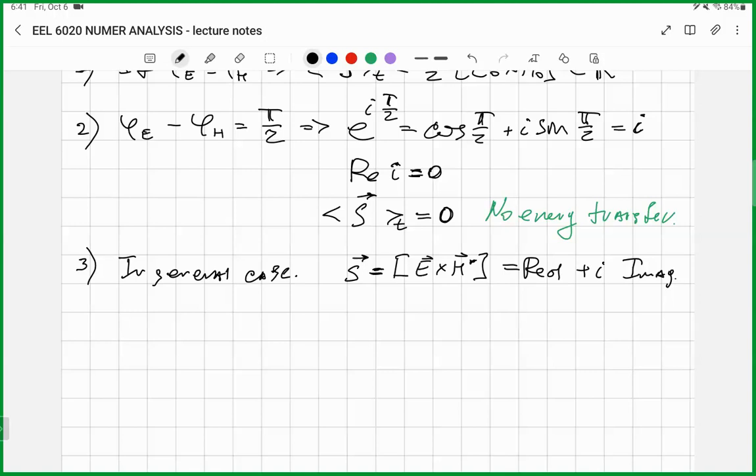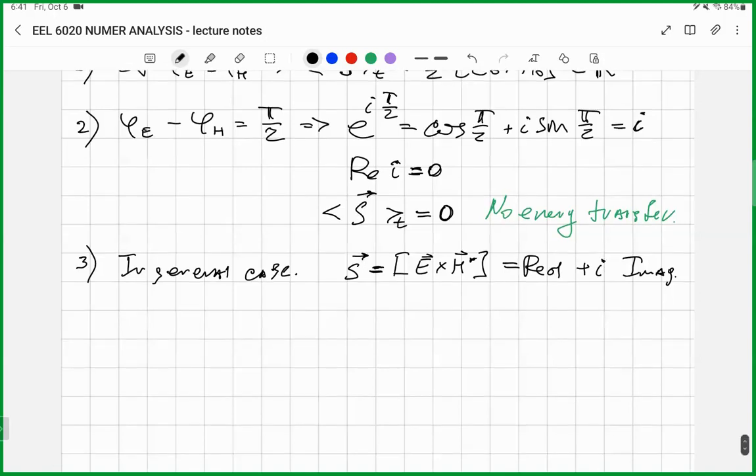And if you take the real part of this formula, you of course get the real component of the time average Poynting vector, which describes the energy transfer.